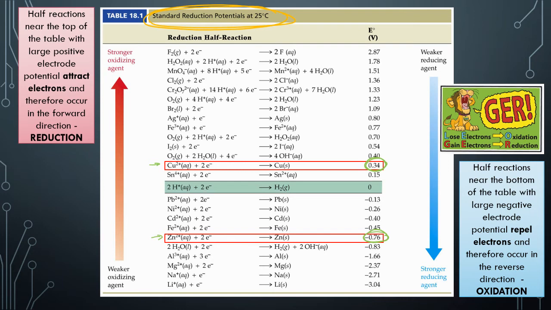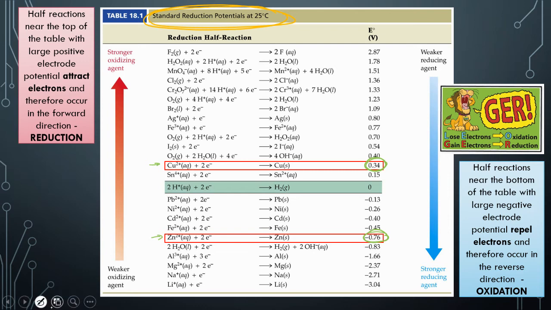And if you are more positive and you're trying to get to a zero, you want to accept electrons to cancel out that positivity. It's not really a quantitative way to think about it. It's more a conceptual understanding of why certain things undergo reduction versus why certain things undergo oxidation. If you're more negative, you are likely to go in the direction of oxidation. And if you are more positive, you are likely to accept electrons and become reduced.